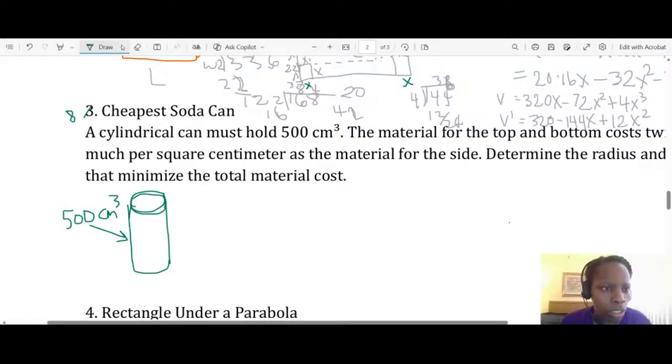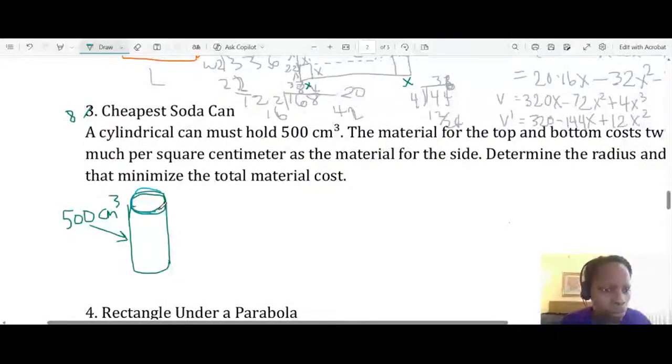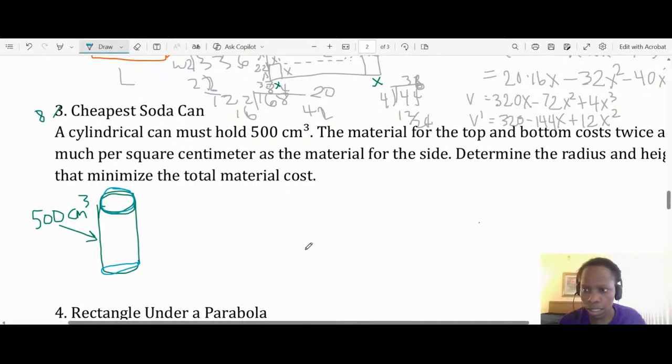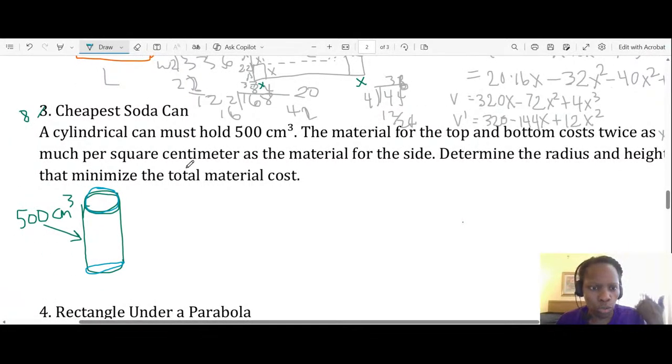Okay, so let me just go ahead and change my color here. The material for the top and the bottom costs twice as much per square centimeter as the material for the side.